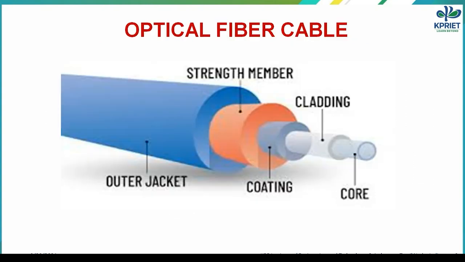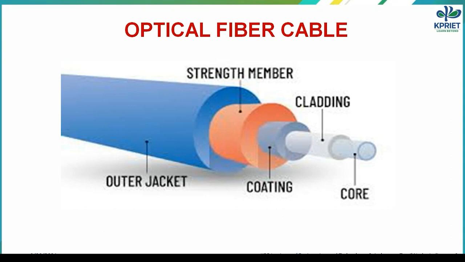So this slide shows the structure of fiber optic cable. This fiber optic cable consists of 5 main components, that is core, cladding, coating, strength member, outer jacket. Among all the 5 layers, core and cladding are made of either glass or plastic.